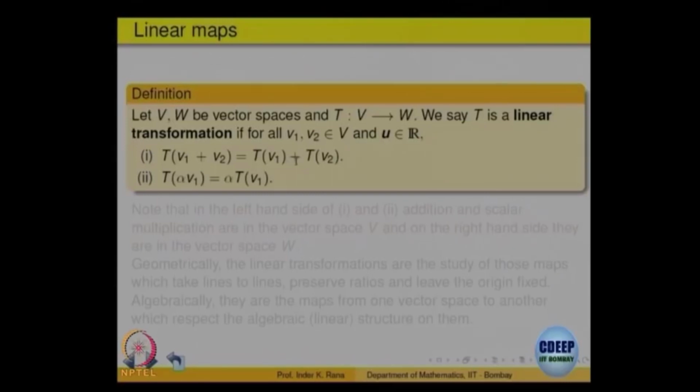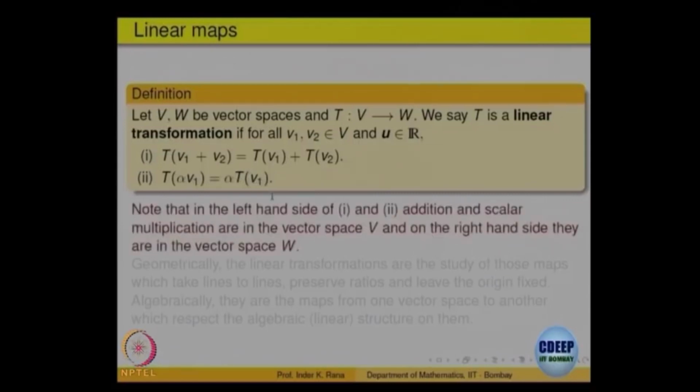Keep that in mind, because T may be R2 to R3 for example. Similarly, alpha V1 is scalar multiplication of the vectors in the domain, and that is in the image space. So, this is one observation you should note.